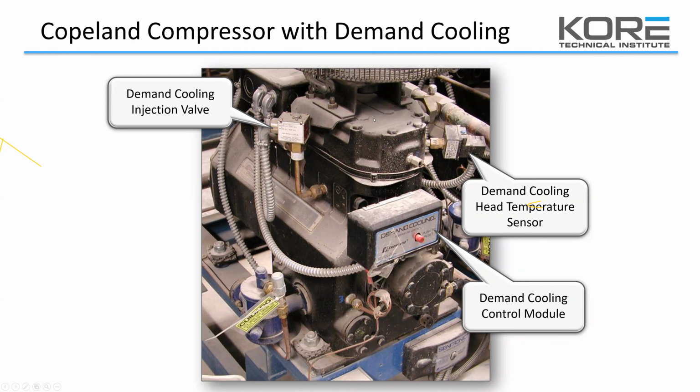So it's kind of a little preemptive way to keep the cylinder head cooler without inducing the need for liquid injection. Since liquid injection adds load to the compressor without actually doing anything for the operation of the rack, it's very inefficient as far as you're wasting an awful lot of energy by inducing a false load onto the compressors.